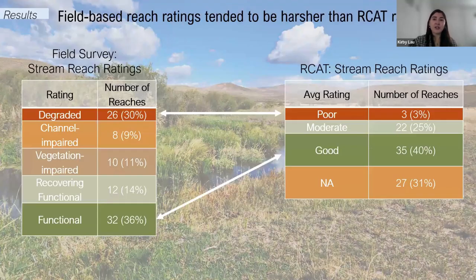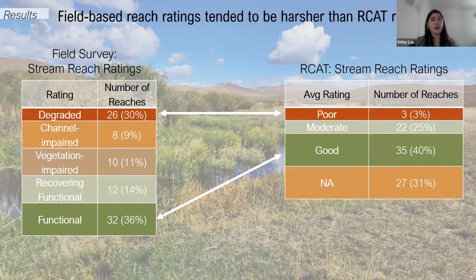And then, in terms of how each of these methods assessed stream reach functionality, we did actually note some differences. And you might recall the results on the left here from the first half of the presentation. These were the number of reaches we placed within each category during field surveys. And now you can compare those numbers to the distribution of ratings on the right, where RCAT placed just 3% of reaches within the poor category compared to our 30%.